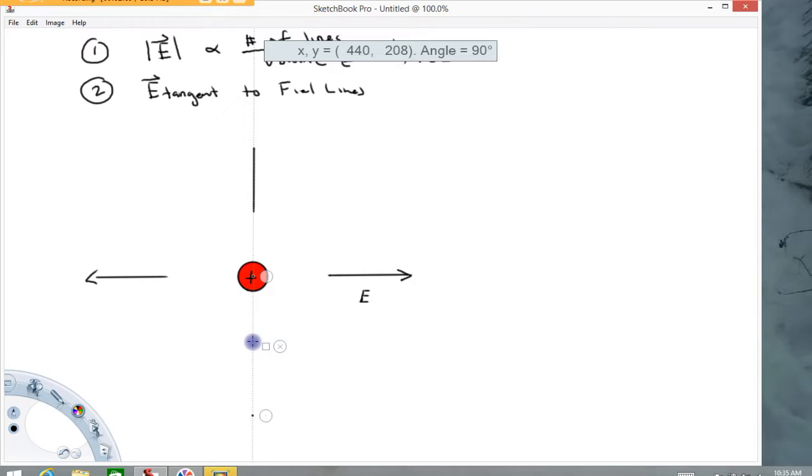If I come down, again, same distance. Here's some more electric field vectors. I'm going to do some more here. Again, imagine I go the same distance away, the field would point this way, same magnitude. Same distance, the field would point outward, same magnitude.